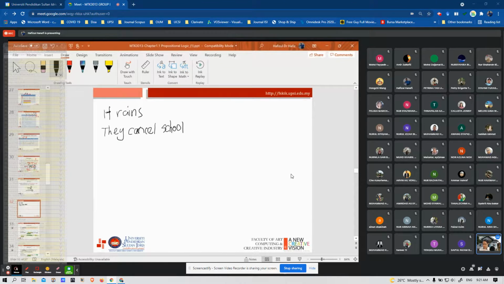Okay, this one is the conditional statement. If it rains is the hypothesis. This one is the hypothesis. This one is the conclusion.